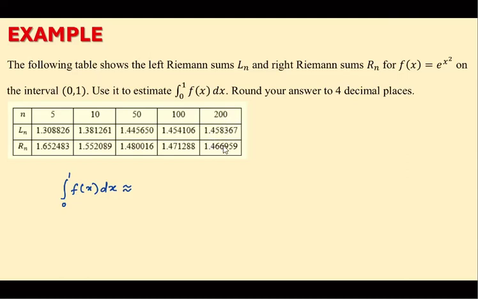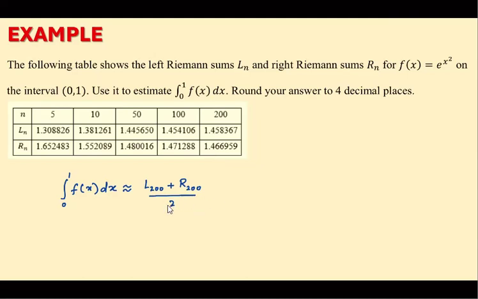So these are already better estimations, but if we want to get the best out of it, what we can do is take the average of this. That will be the midpoint Riemann sum. What I mean by that is I can find left Riemann sum with n equal to 200, right Riemann sum with n equal to 200. We can add them and divide by 2. We can find the average.